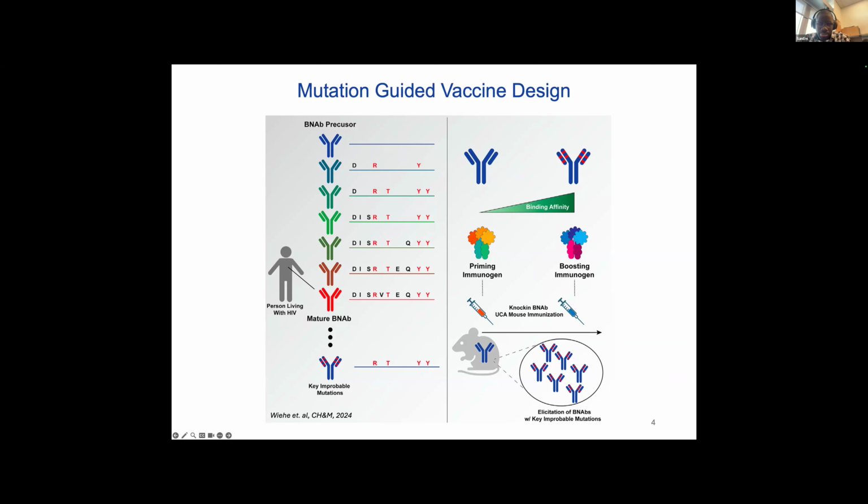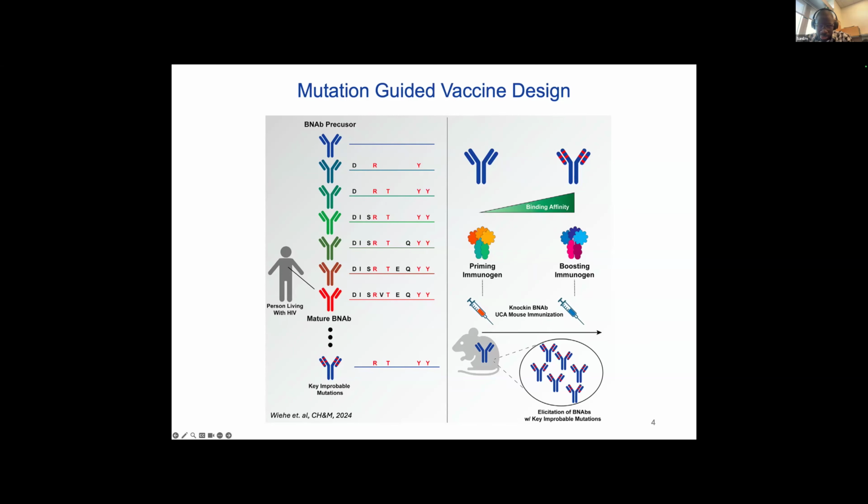To achieve this, bnAb clones are identified and analyzed to reconstruct their evolutionary history, tracking the sequence of mutations acquired during affinity maturation.